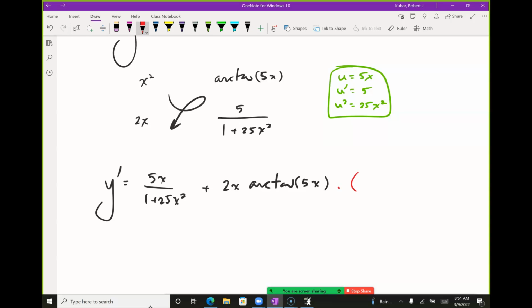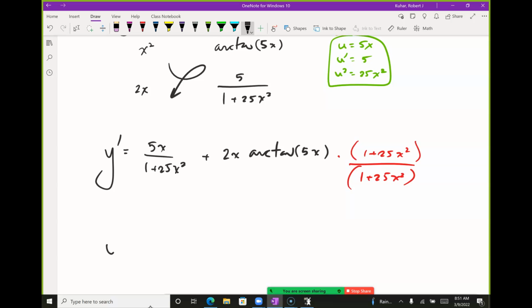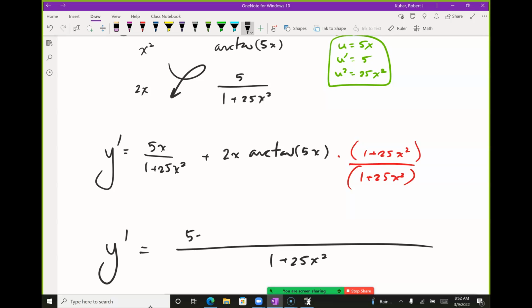So I'm going to multiply this by 1 plus 25x squared over itself, right, to get the LCD. And then now my final answer is just hideous. I've got a 1 plus 25x squared downstairs. And upstairs, I can't do anything. I've got a 5x squared plus 1 plus 25x squared times a 2x arctan of 5x.